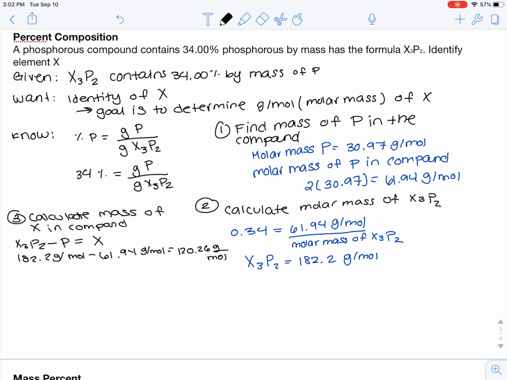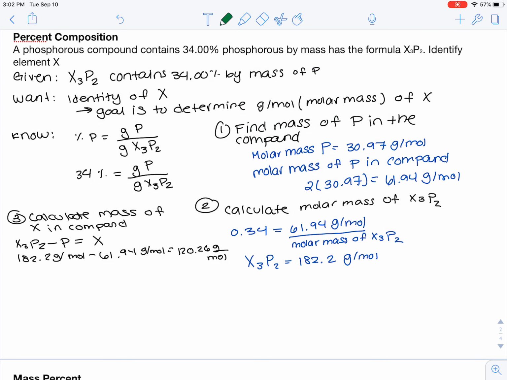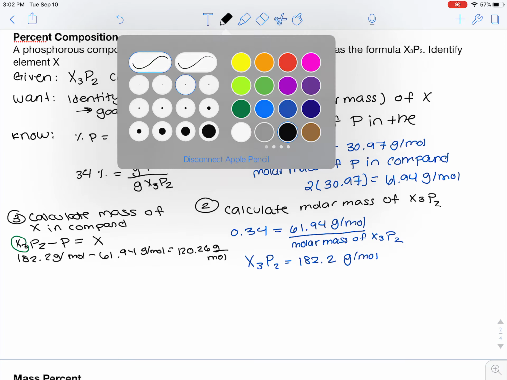We can't do that yet because there are 3 X atoms in the compound. We just found the mass of those 3 atoms together. So you have to get rid of the 3 and just find the mass of the single X element and then look at the periodic table. So one more step.